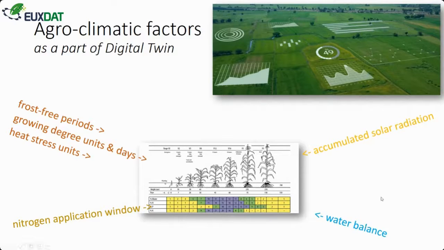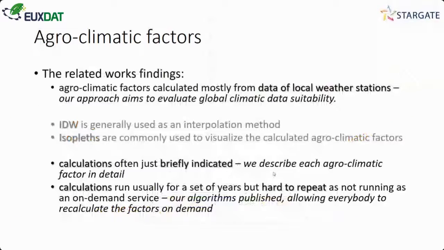And because each crop has a bit different needs from this perspective, you can then search which plant or group of plants is suitable for a place and which is not. So this is the decision which needs to be made afterwards by the farmer.